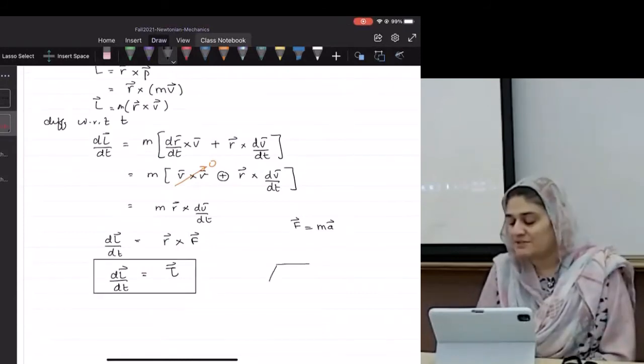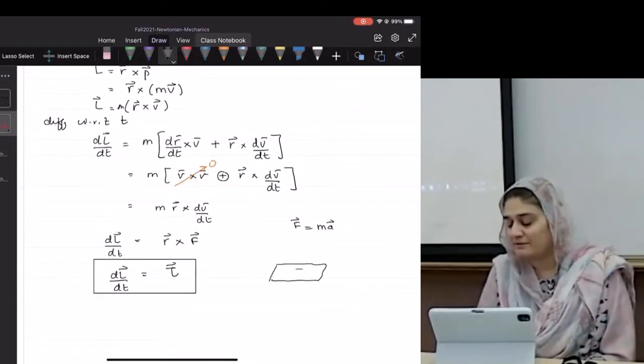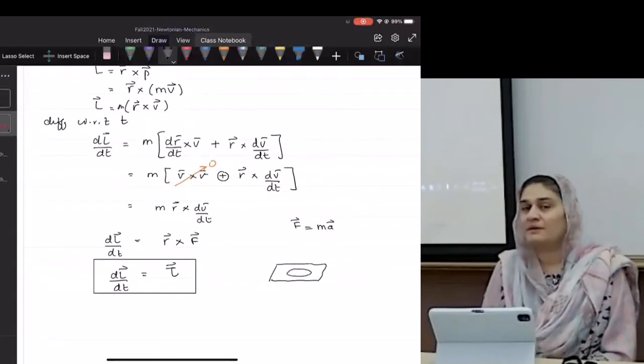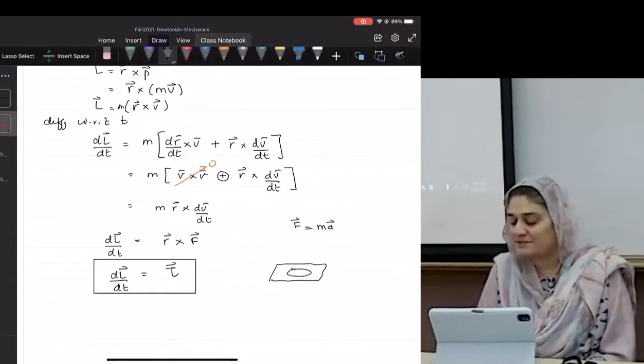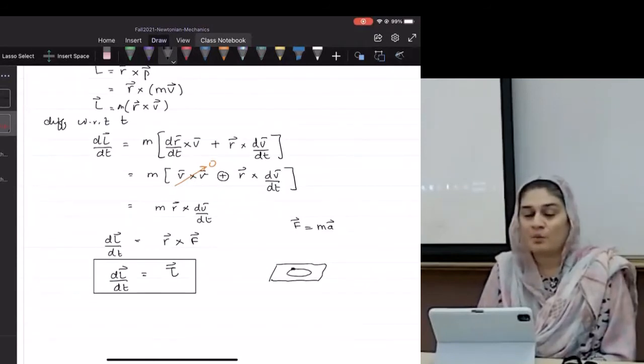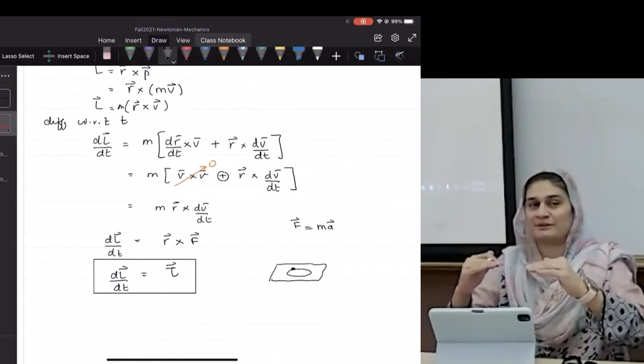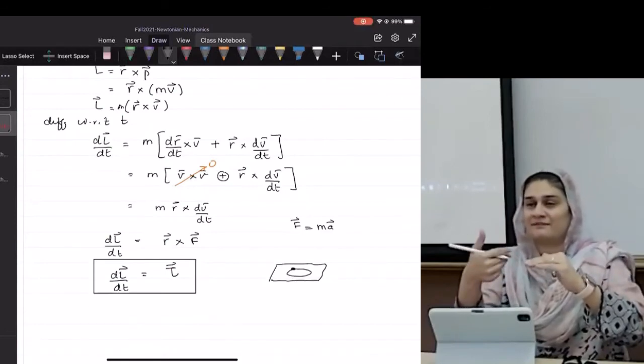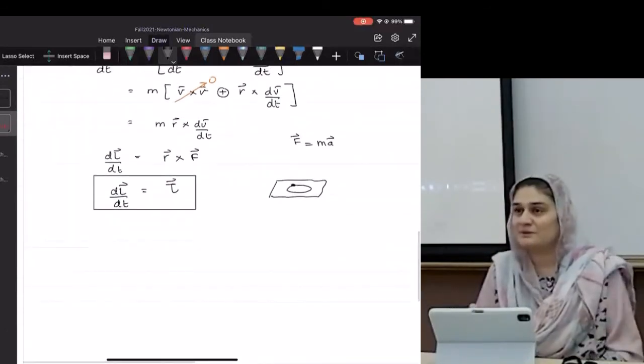When things exist in a plane, if I have a plane and things exist on it, and I am doing R cross F, what is my torque? For things existing in a plane, if I do R cross F, torque has to equal 0.